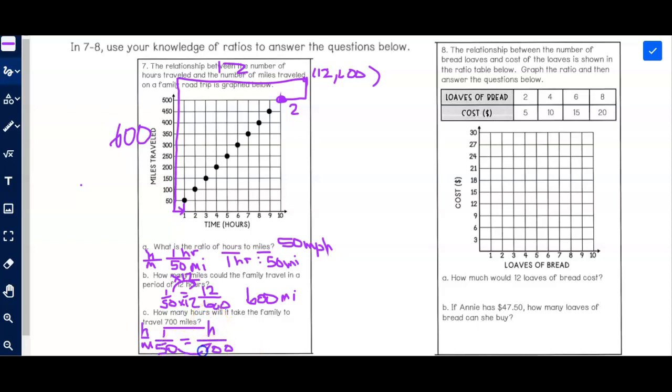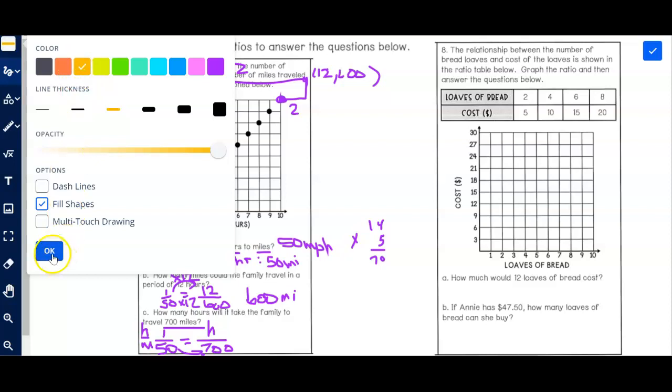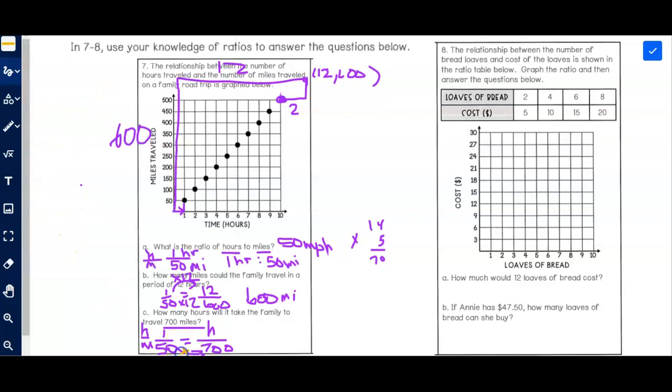Well, how do you scale a 50 up to 700? Well, 50 goes into 700 a total of 14 times. So you would just multiply 50 times 14. And if you scale the bottom by 14, you have to scale the top by 14 to keep the fractions equivalent. So it would take 14 hours to travel that 700 miles.